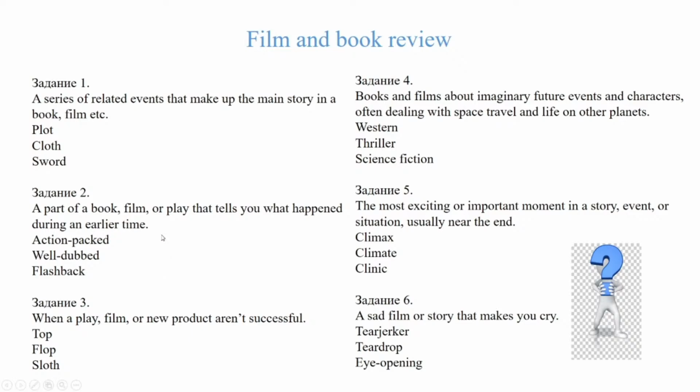Question number 2. This is a part of a book, film, or play that tells you what happened during an earlier time. How do we call it? Action-packed, well-dubbed, flashback? I think that you can choose effortlessly the correct answer.